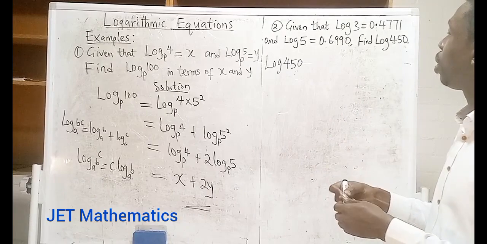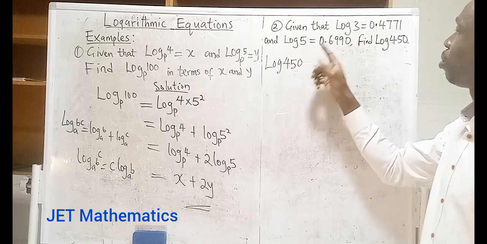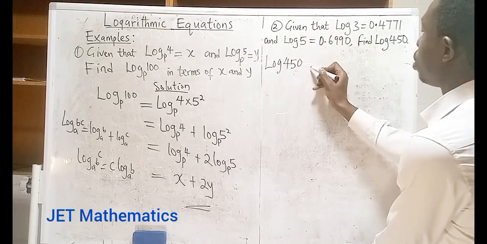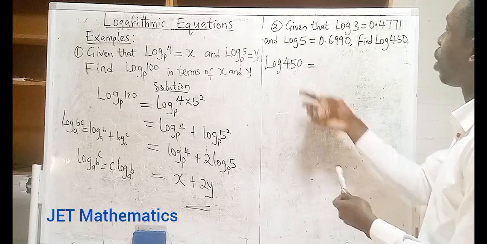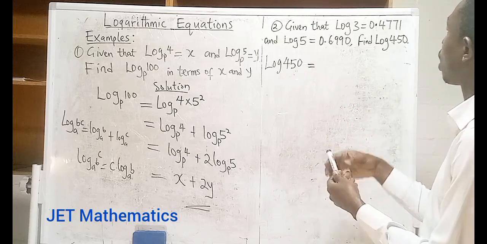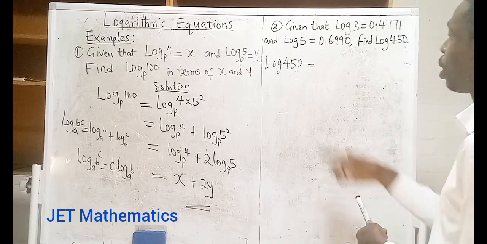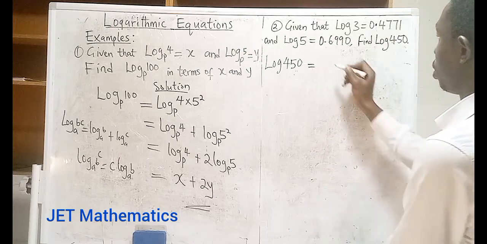Now remember, the base of this logarithm is base 10. So we'll try to express 450 as a product or division that carries 3 and 5.